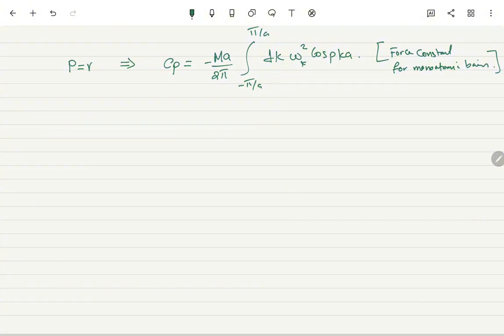Now, let's consider another case when we have two atoms per primitive basis. When we have one atom per primitive basis, we're actually having only acoustical modes. When we have two atoms per primitive basis, two modes will develop for each polarization, and these two modes are acoustical and optical.